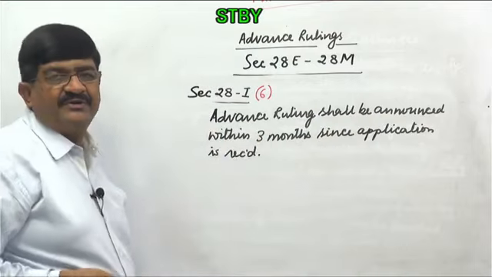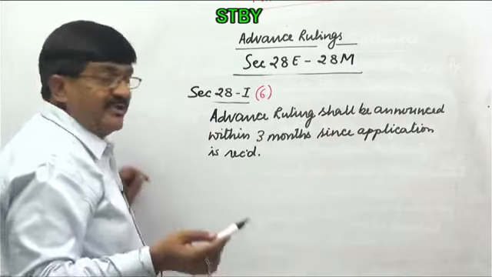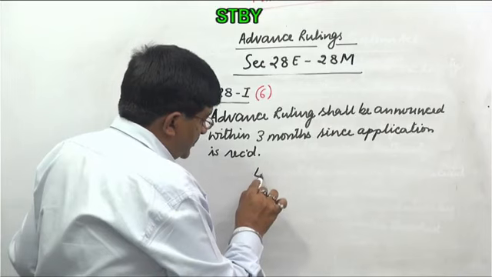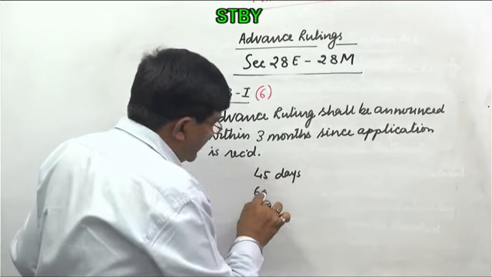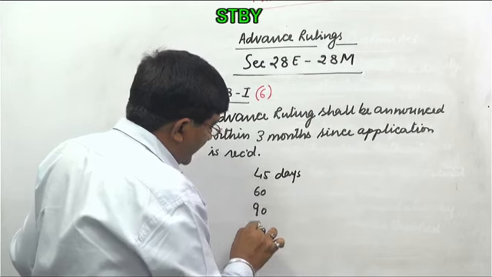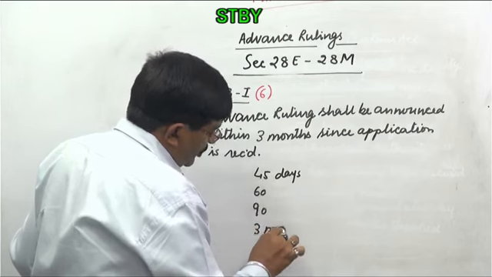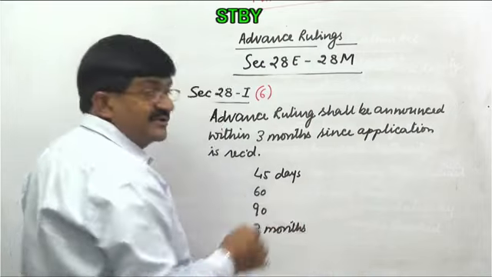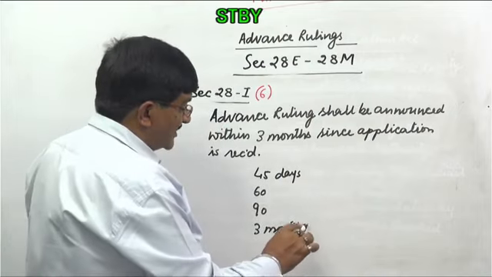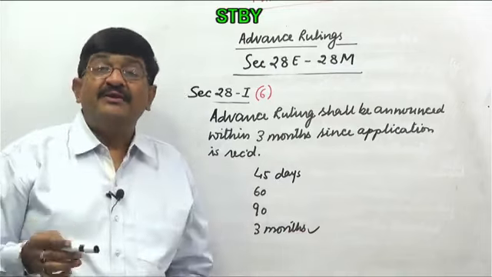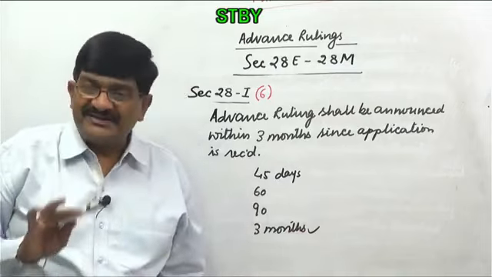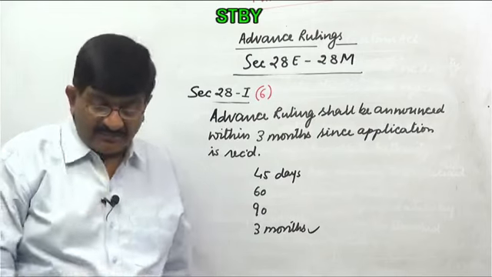is received. So what can be there in the MCQ? This is 45 days or 60 days or 90 days or 3 months. Which is correct? Right? You know the answer that this is already correct. So MCQ can be framed on anything. You should know the law in detail and understand the minor and finer points.